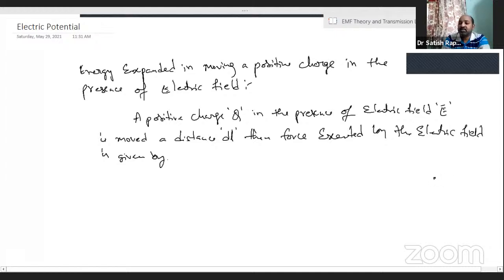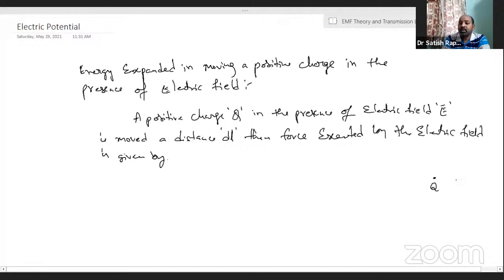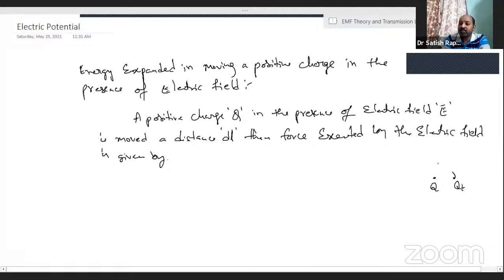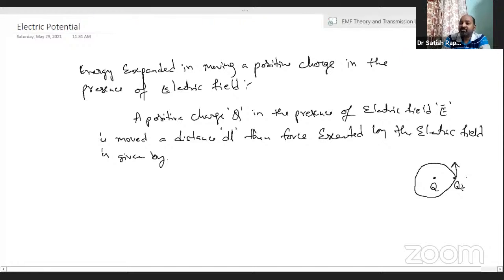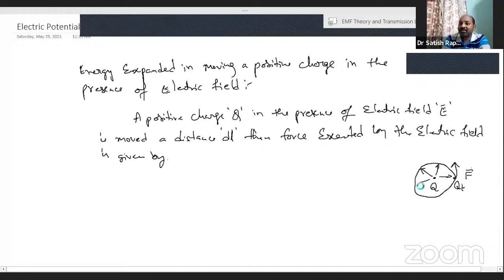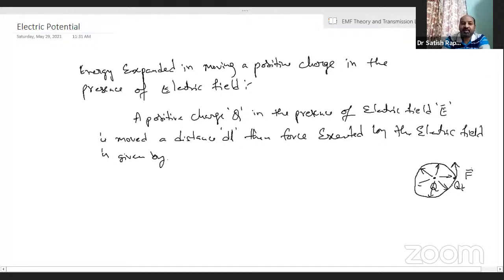So let us say this is a point charge Q. If a test charge Qt is moved around a known positive charge, then a force will be exerted on the test charge everywhere due to the electric field.